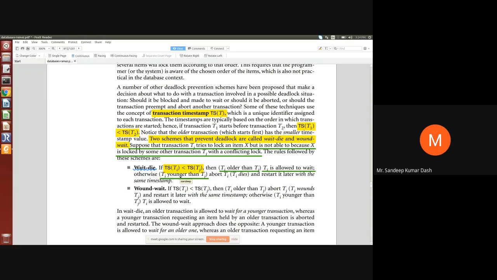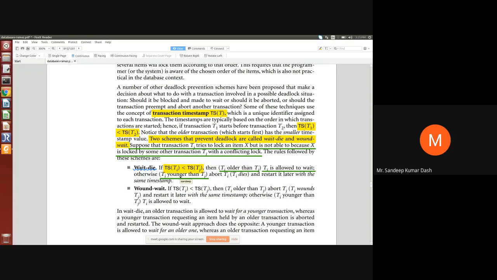It is allowed to wait, but the younger transaction will not be allowed to wait, because a younger transaction will require more data items further down the line. So there is a higher possibility of deadlock, so it will never be allowed to wait. It will be directly aborted.